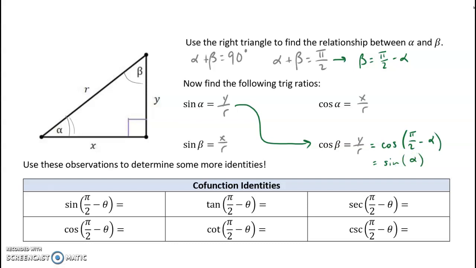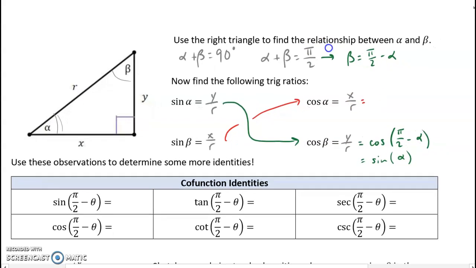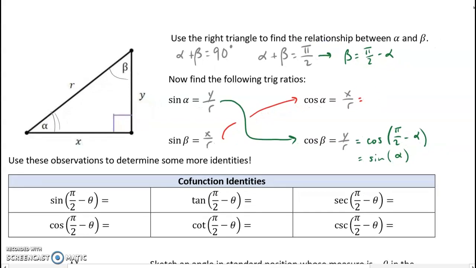Okay. And then we can do the same thing over here. These are both equal to x over r. So instead of writing cosine of alpha, maybe I'll write that as the cosine of some other angle. Well, if beta equals pi over 2 minus alpha, then alpha must equal pi over 2 minus beta.